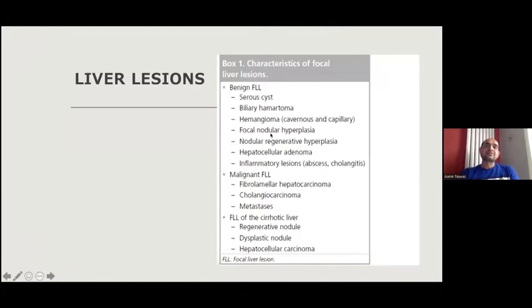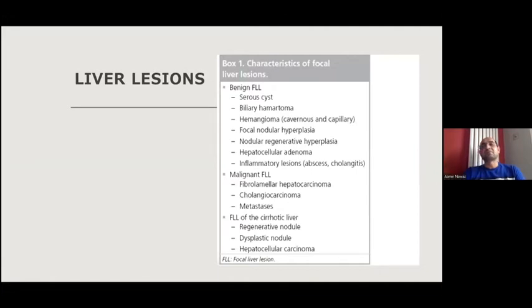Benign liver lesions: the most common benign liver lesion is hemangioma, then hepatocellular adenoma. Adenoma is usually in females who have a risk factor, either they are obese or they are on oral contraceptive pills. They are also present in men, but in men they are more likely to transform from adenoma into carcinoma.